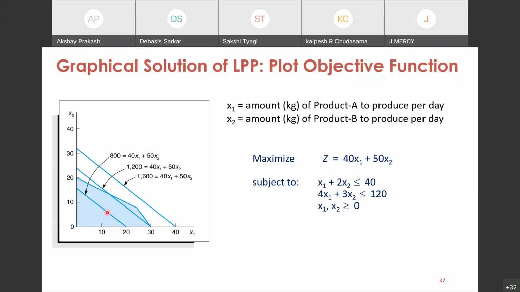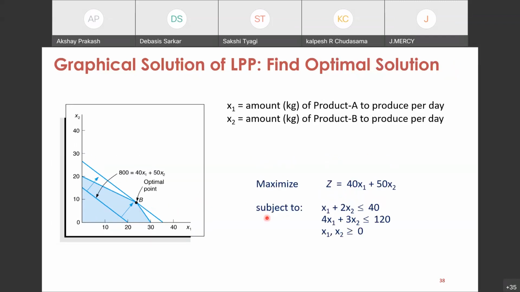So I would like to shift this as much as I want, but I cannot go infinitely like that because I have to remain within the feasible region. So the maximum I can go is a line which is parallel to this and just touches this point. So that will be the objective function line corresponding to this optimal point. This will be identified as the optimal point.